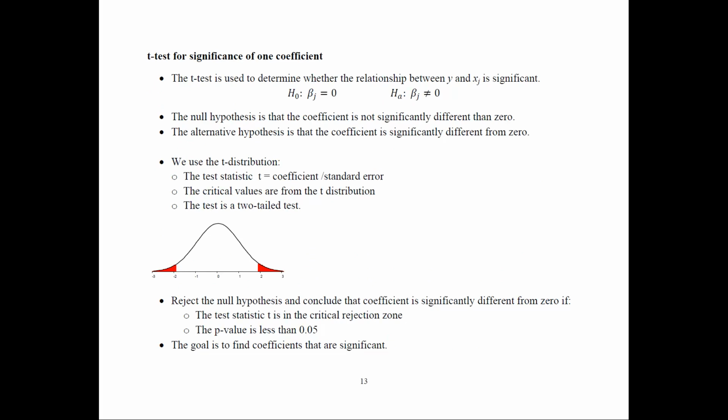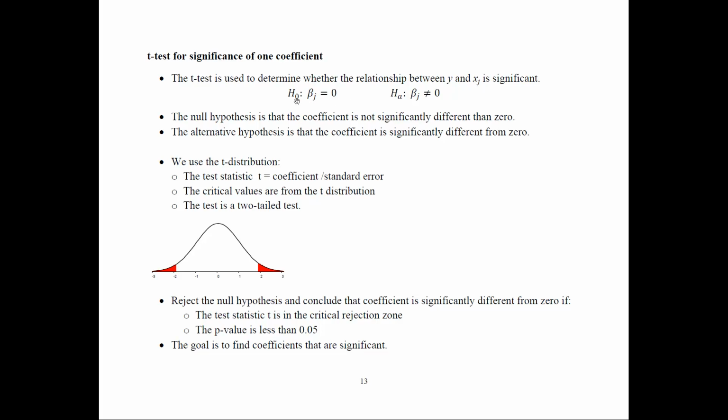So now I will talk a little bit about the two tests for significance of coefficients. We will start with a t-test and then end with an f-test. A t-test is for the significance of one coefficient, and it is used to determine whether the relationship between y and xj is significant. So the coefficient on the independent variable xj is beta j.